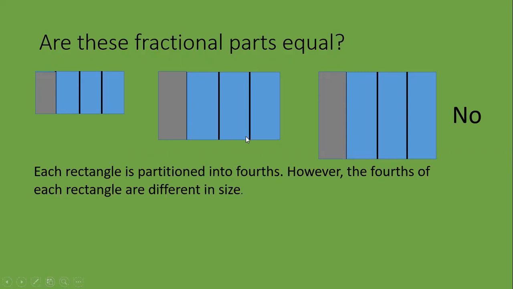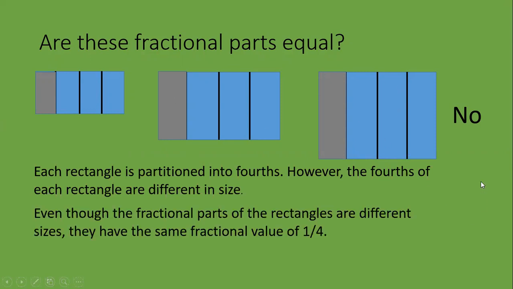So we have three different rectangles here that are partitioned into fourths, okay? Even though they are all in fourths, they are different sizes. So we have a small rectangle here, a medium-sized rectangle, and a large rectangle. So even though they are different sizes, they are all 1/4.